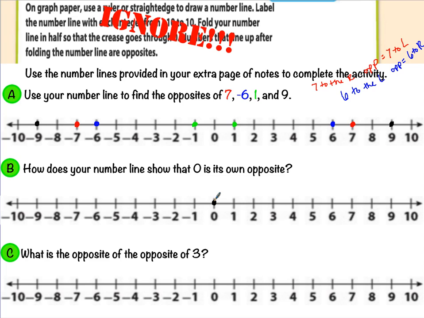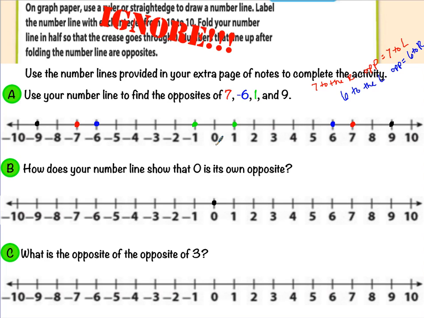Another way to look at this is if you were to take your number line and bend it in half, your opposite points would line up. So 1 and -1 would line up if you folded it in half. 6 and -6, 7 and -7, 9 and -9, they would all line up. And to fold it in half, you have to fold it in the exact middle, and we said that exact middle is 0.